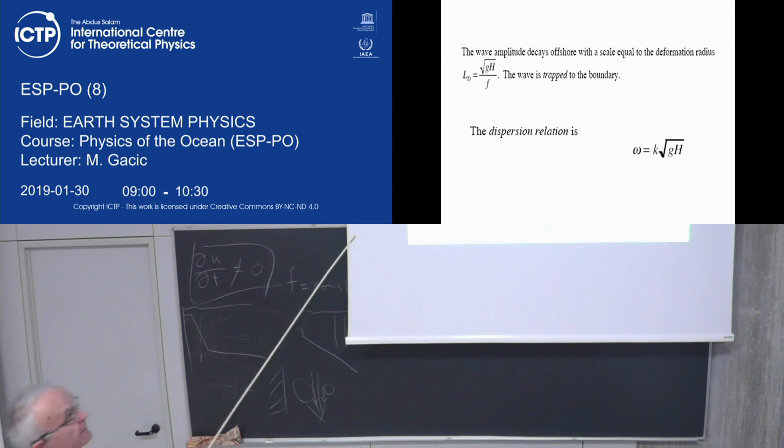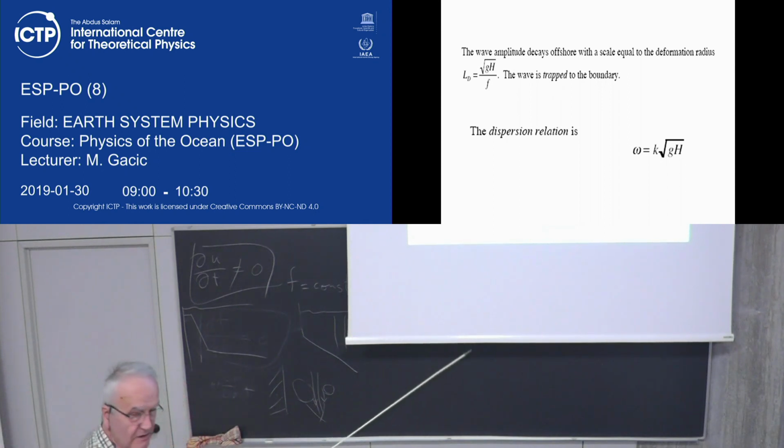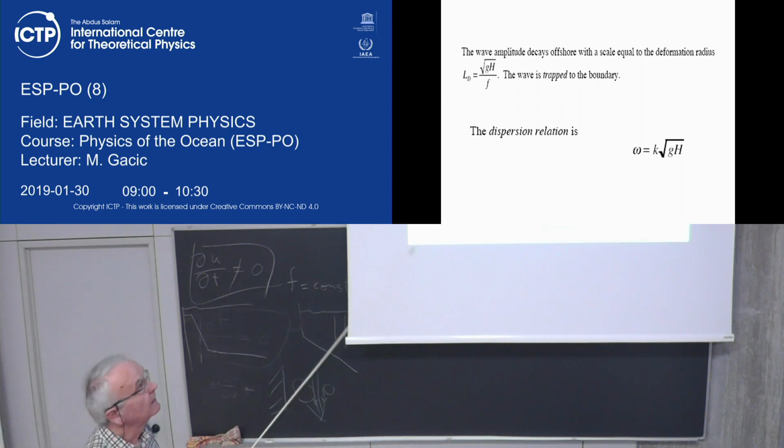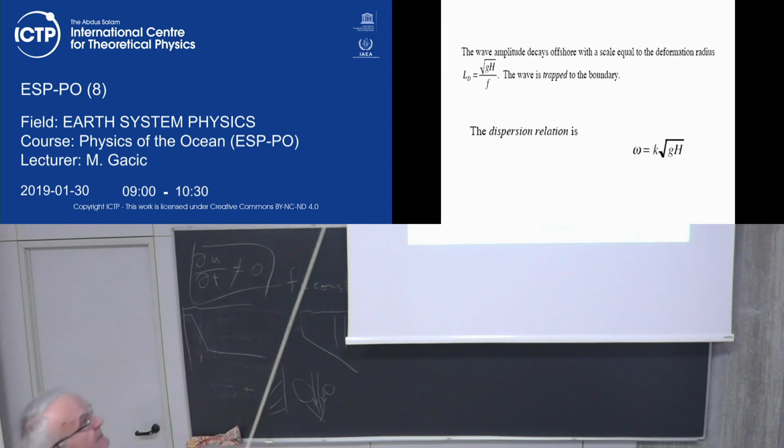G is 10. If we put H as 100 meters, we have the square root of 1,000 divided by 10 to the minus 5. The square root of 1,000 is something like 30. So 30 times 10 to the 5 meters, which is of the order of 100 kilometers.